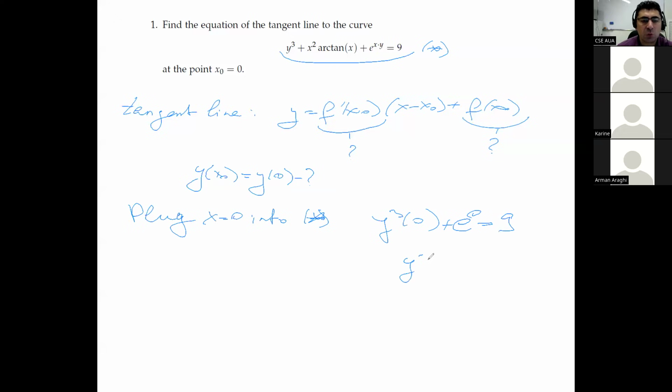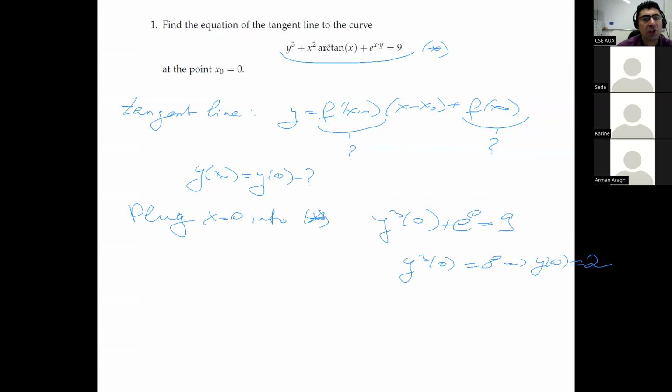This gives y cubed at 0 is 8. Hence, y at 0 is 2. Right? It's 2.